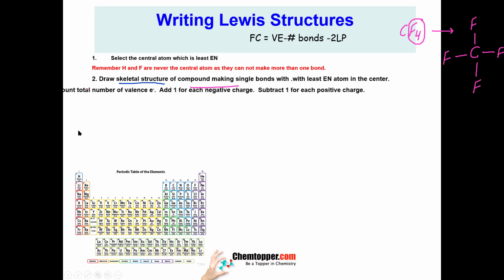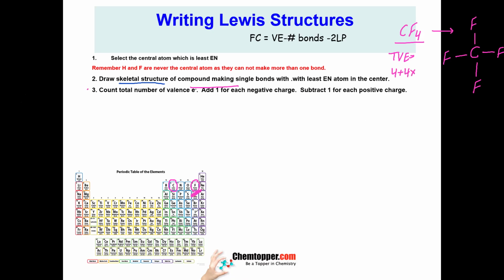Rule number 3, count the total valence electrons. Total valence electrons in this CF4. How many valence electrons of carbon? Look at the periodic table. How many valence electrons for carbon? And for fluorine. So 4 for carbon and there are 4 fluorines.